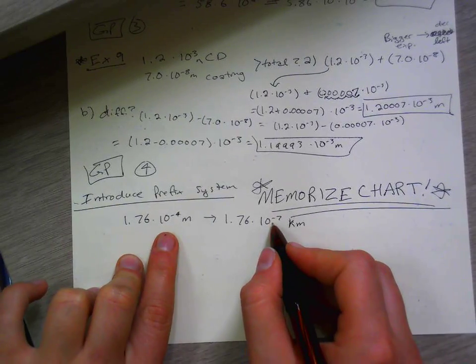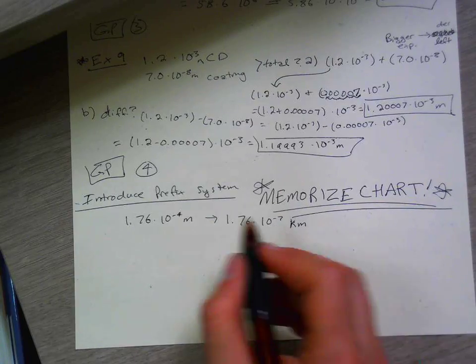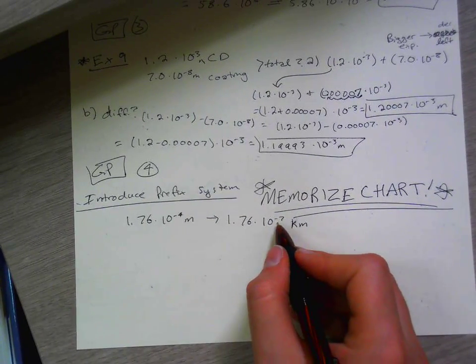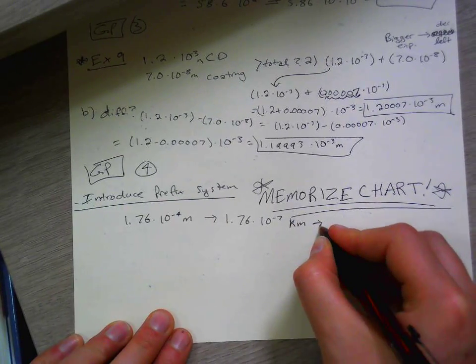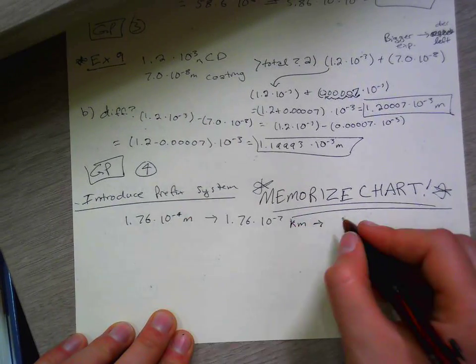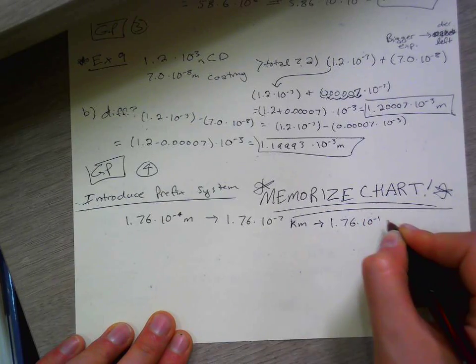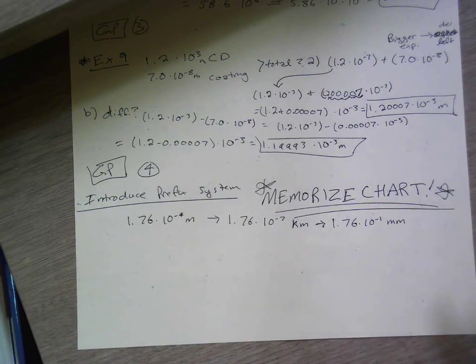Notice the unit changed because a kilo is 10 to the third, so we changed by negative 4 to negative 7. So depending on which way you go, the number will get bigger or smaller. Here it got smaller. If you want it to get bigger from here, you go to a millimeter, it'd be 1.76 times 10 to the negative 1 millimeter. And there's different ways to go, and so on.